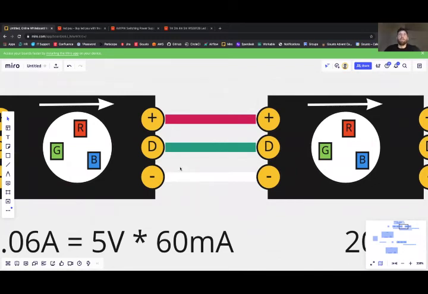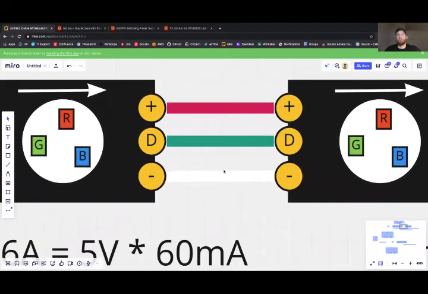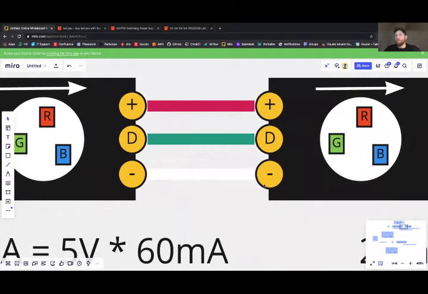Ultimately, what your objective will be when splicing LED strips together is to solder these copper pads together. Now, this is quite small soldering. These pads are quite small, which makes them more difficult to work with. So if you can get your hands on a magnifying glass, that can be very helpful.